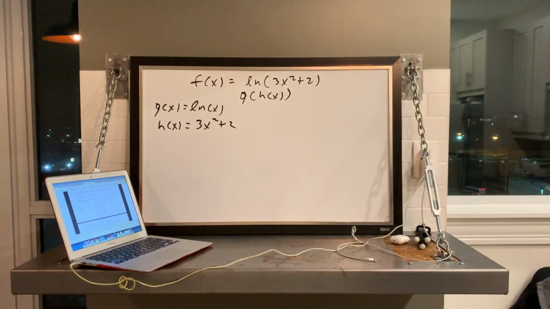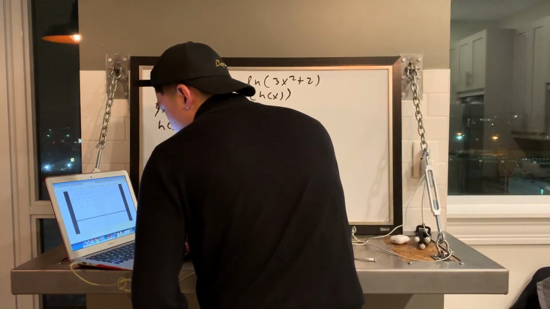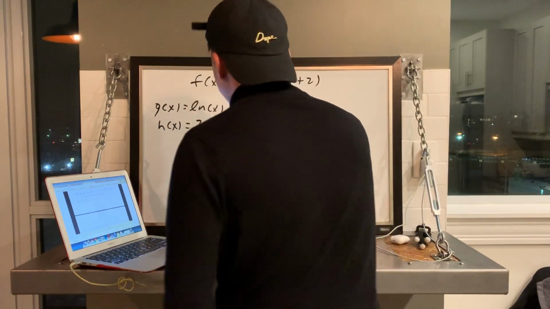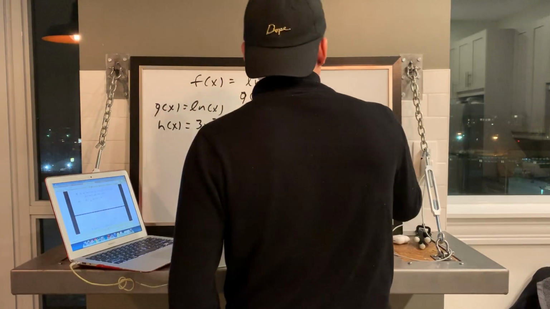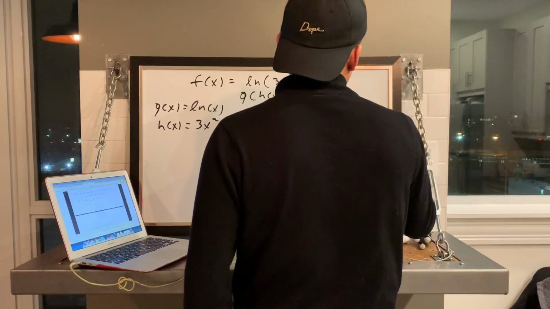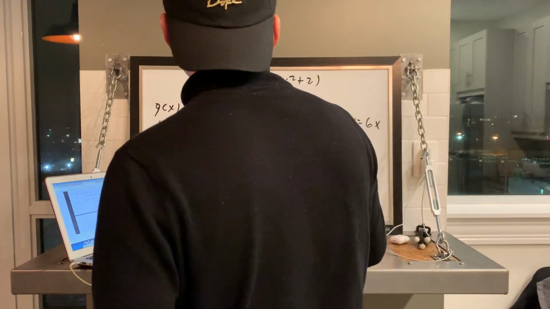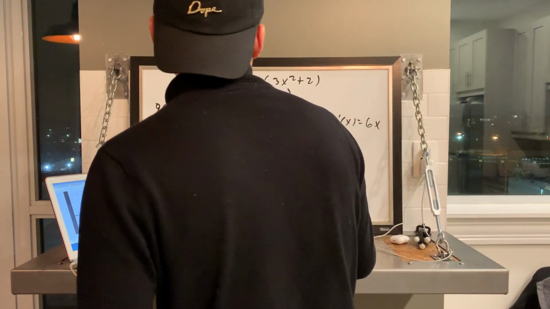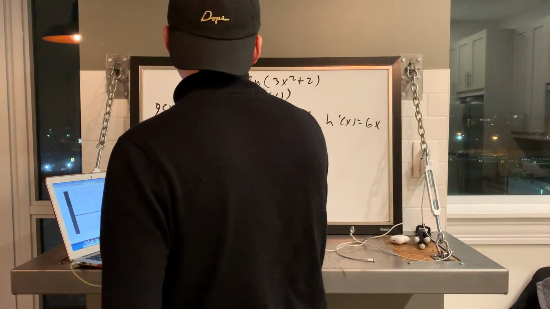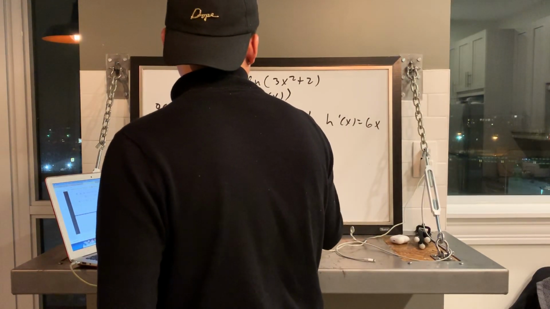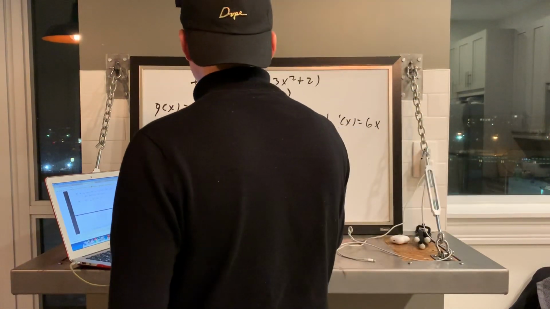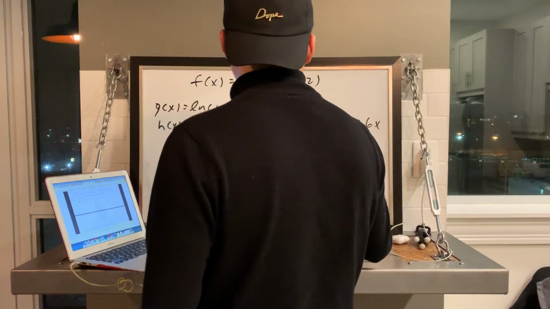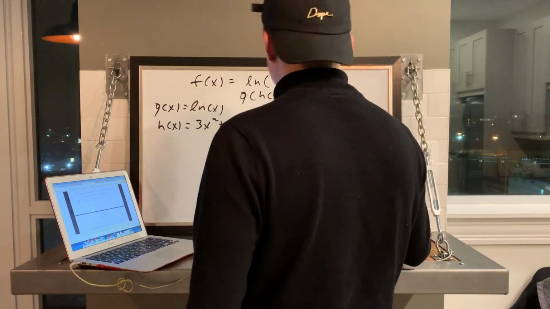Using chain rule, I know g prime of x would equal 1 over x, and h prime of x equals 6x. So I would just do 1 over h of x times 6x, because it would be g prime of h of x times h prime of x.